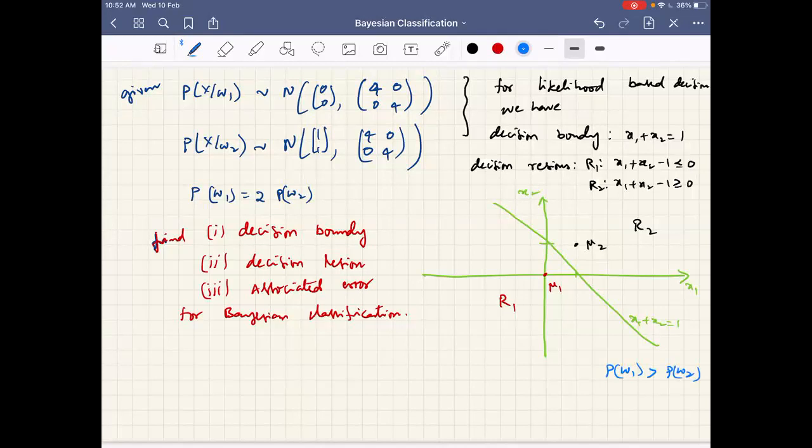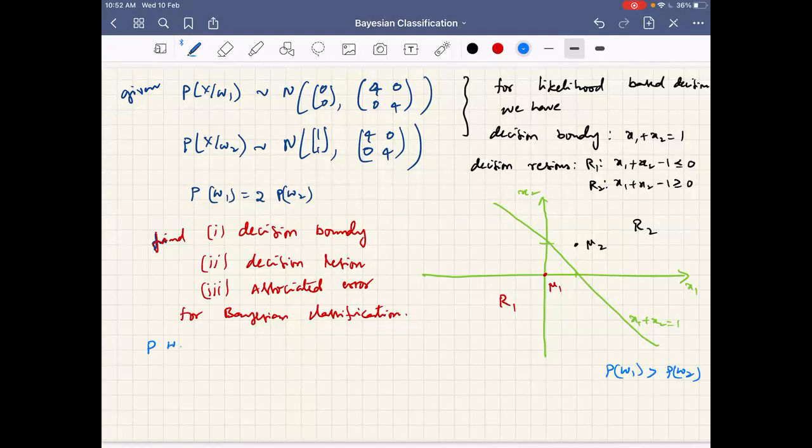But do you think this will still be a linear line, or will anything change in the linearity? It may not be perpendicular to what we had previously. So let us see quickly.